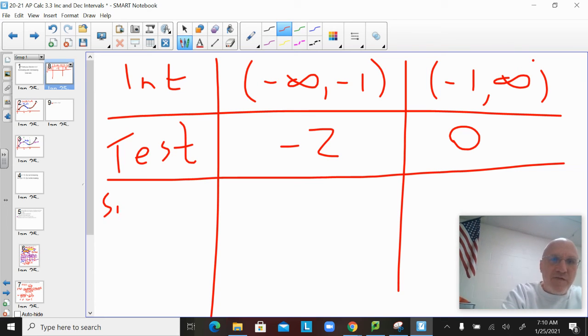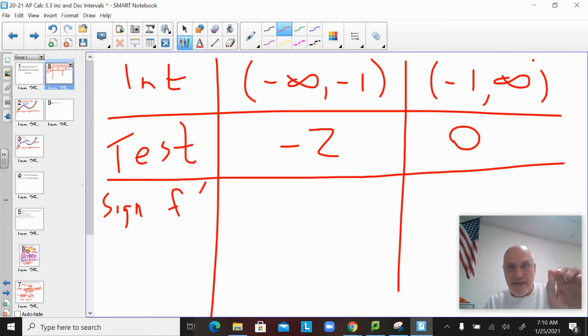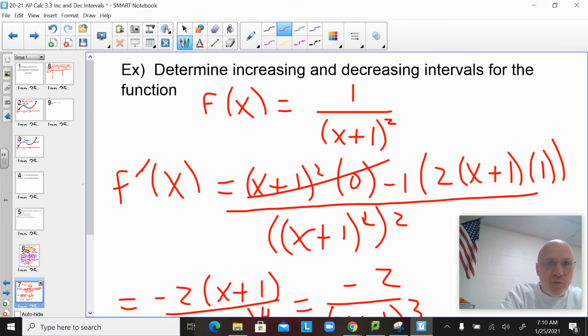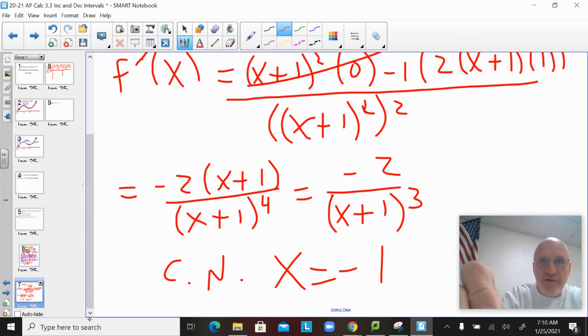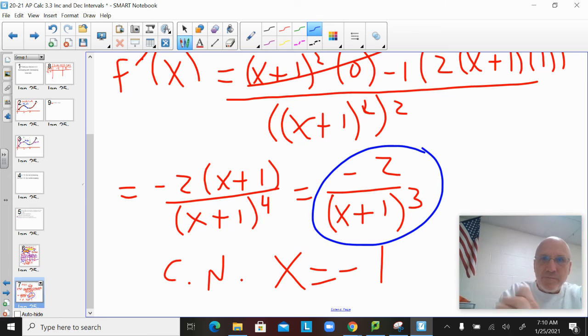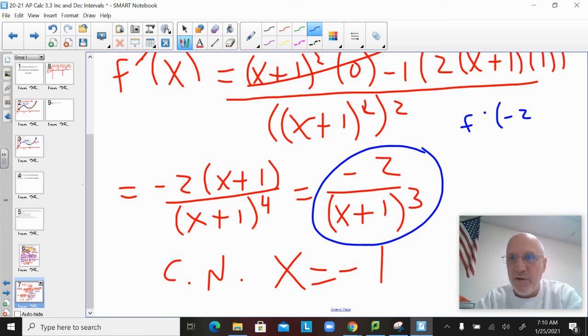Now I want to figure out the sign of the derivative. I'm taking those two values, negative 2. Well, let me go back to my derivative, which was here. I'm evaluating that at negative 2 and at 0. You might do this in your head, but I'm trying to find f prime of negative 2.